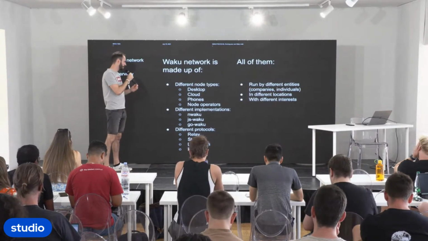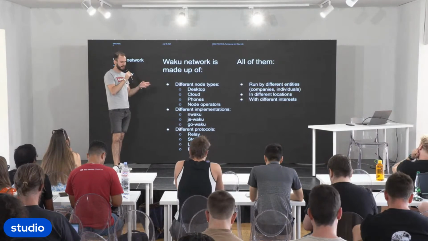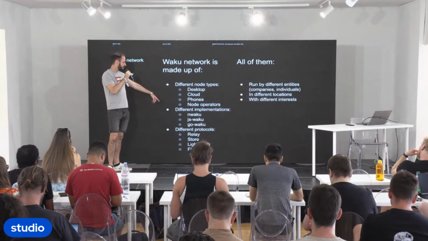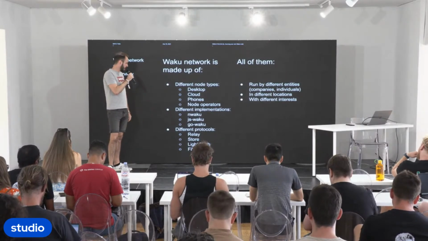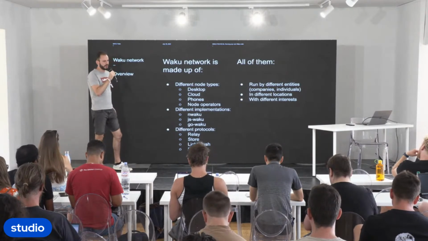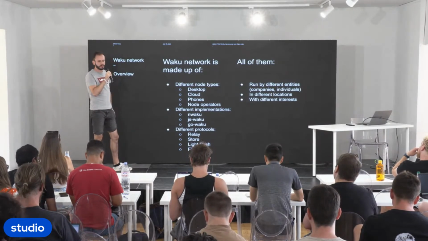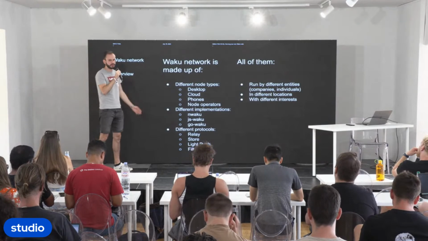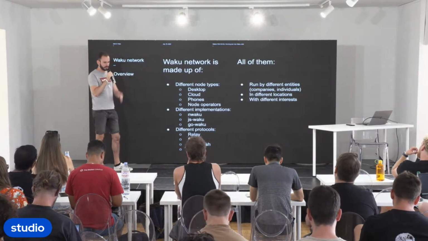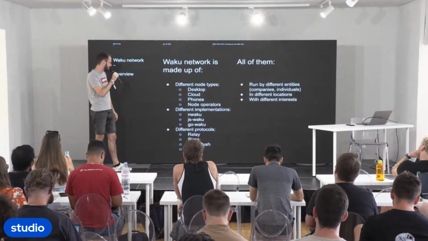Also, Waku has a bunch of implementations, so we expect that the network has a variety of nodes in JavaScript, in Go, in Nim, and also different protocols are supported in the network. If you are running in a data center, maybe you will support all the protocols, and you will be subscribed to all the shards. I will explain what a shard is later.